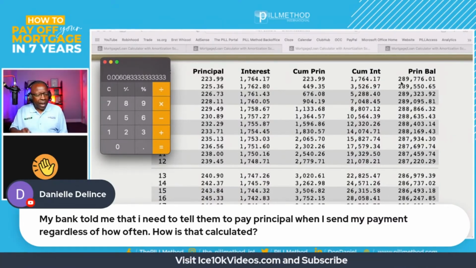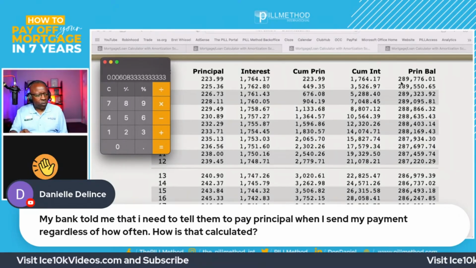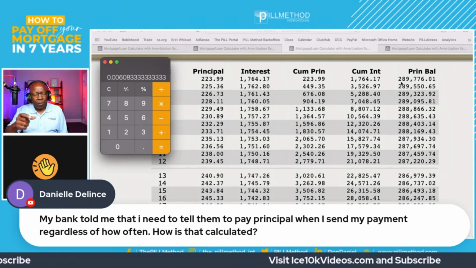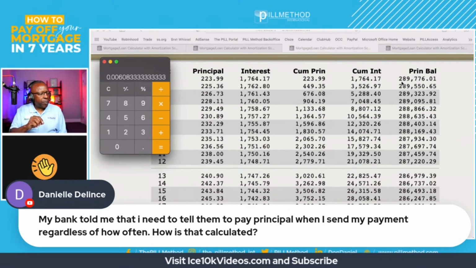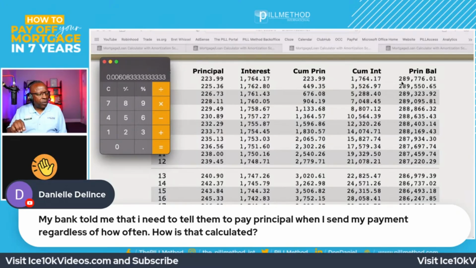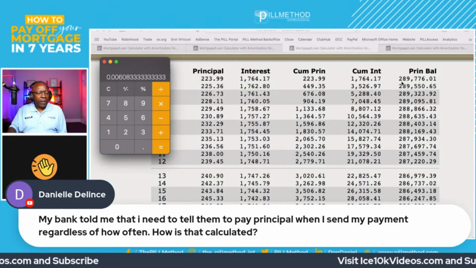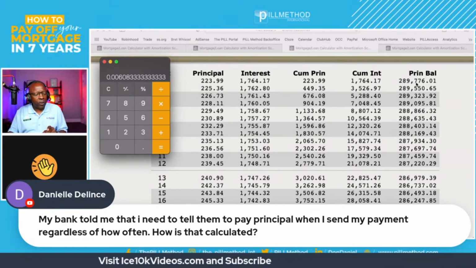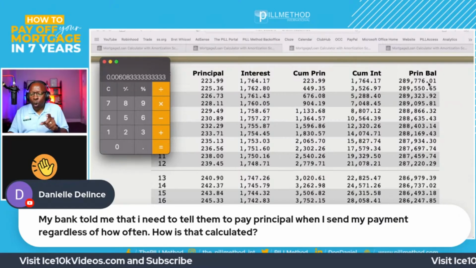So I just took 1/12 of the interest rate, okay? I took the interest rate and divided it by 12, and I got 0.00608333333. Now we're going to multiply it by the unpaid balance on line 1, which is $289,776.01.